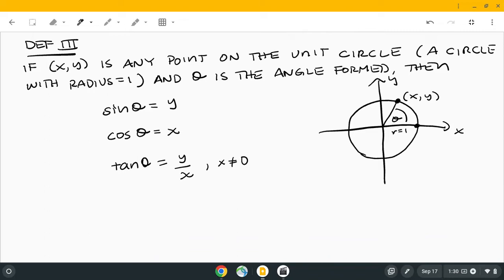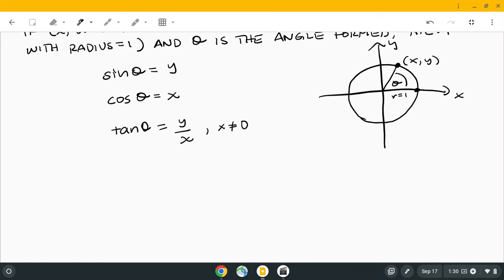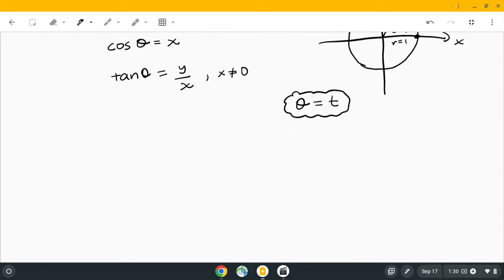And here they're using theta interchangeably with t. Okay, so if you see sine theta, or you might see sine t, they're talking about the angle.